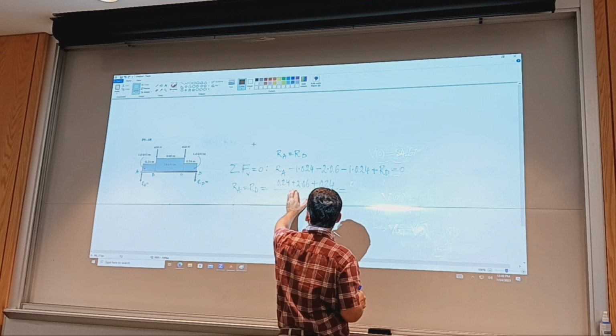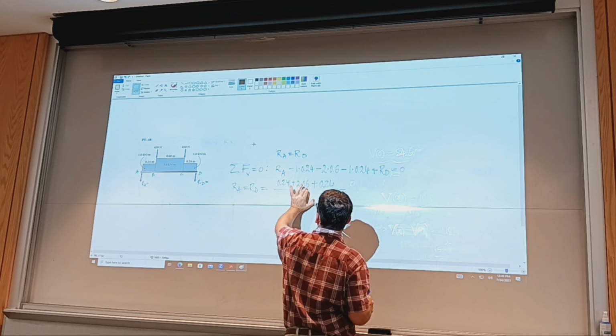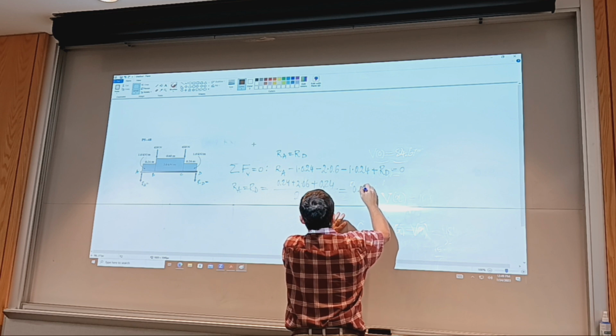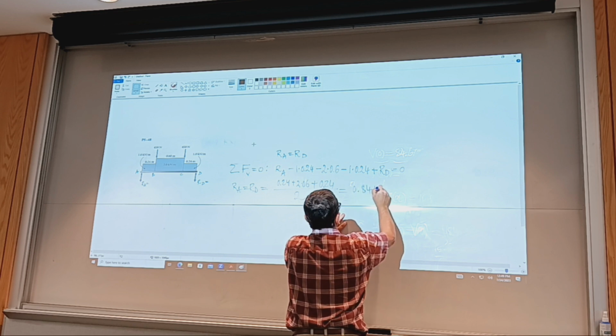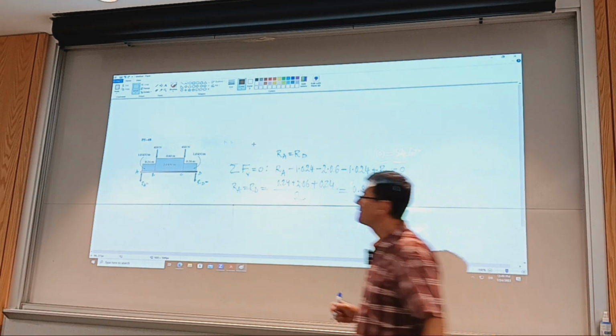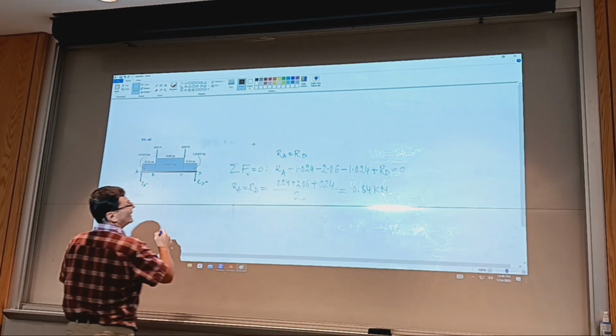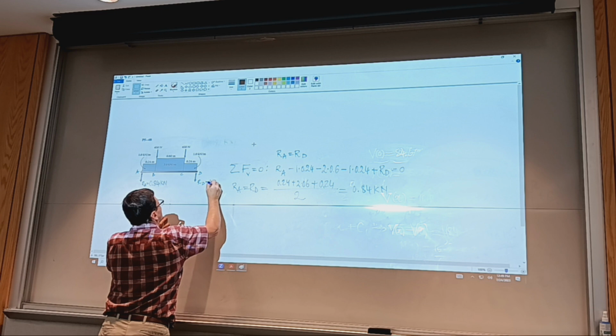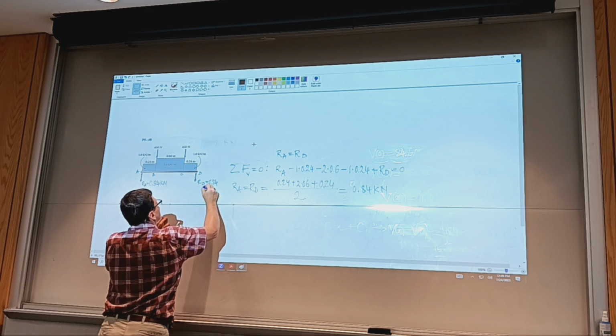So I have a 2 here, so it'll be 0.6 times 0.24, so 0.684 kilonewtons. Confirm that this is a correct value. Should be. All right, so I have 0.84 kilonewtons.